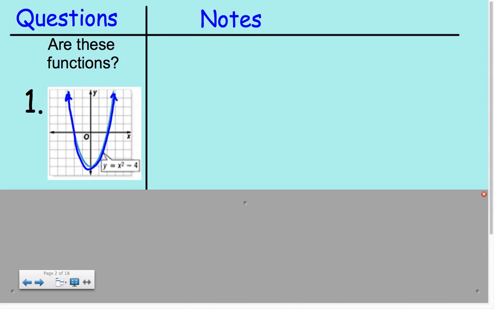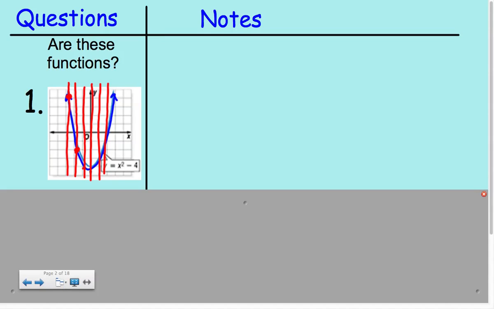You're going to take your pencil and draw vertical lines on your graph. It's nice because this is a graph with grid lines, so I can just make all of my vertical lines right on my grid lines. All right, so I have 6 vertical lines. Now I'm going to put a dot where each vertical line touches my blue graph.